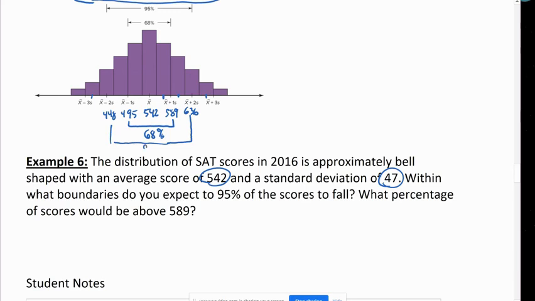And so that is going to comprise 95% of the population, who would score between 448 and 636, and so on.